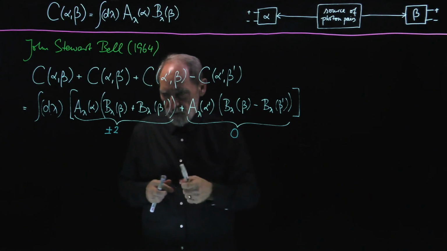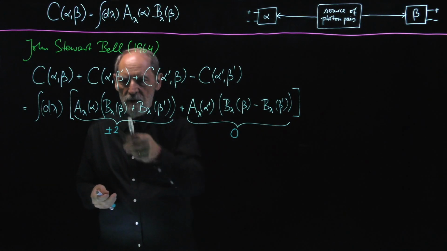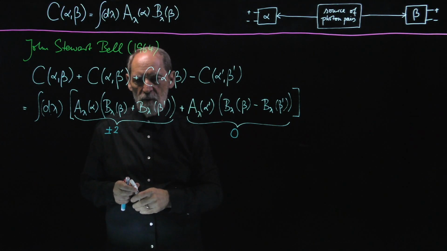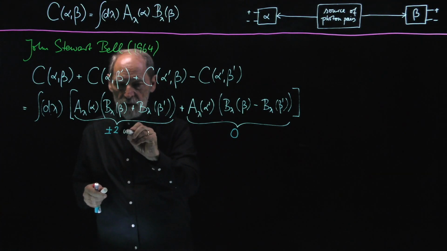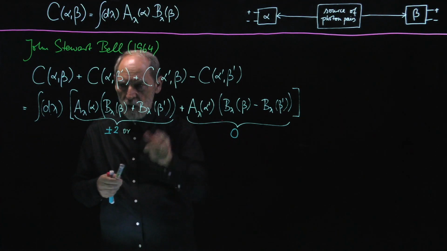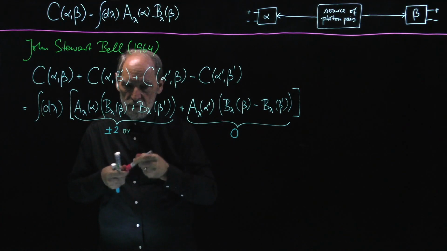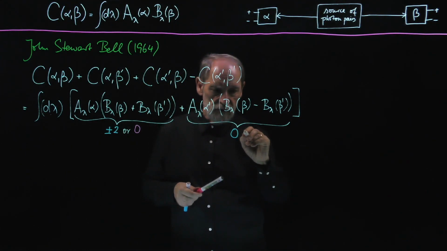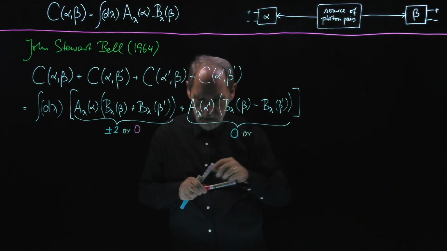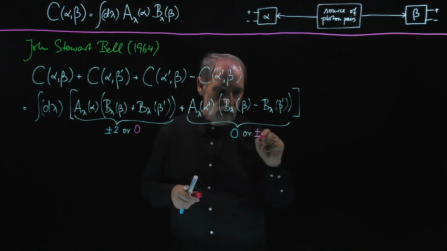Now the other possibility is that one of the B's is plus 1 and the other one is minus 1. So they are different. When that happens, then rather than having plus minus 2 over here, we have 0. And over here, for this combination, we now get plus or minus 2.